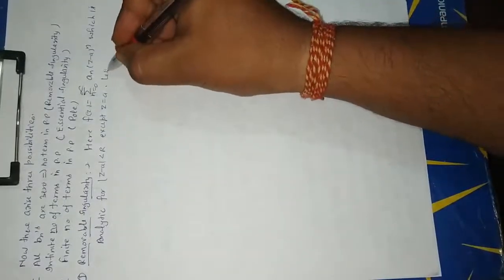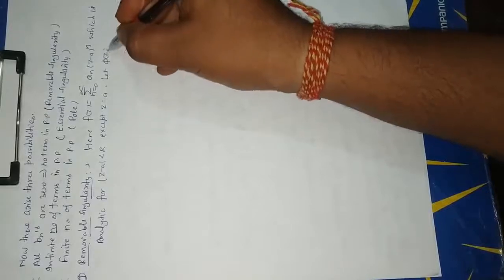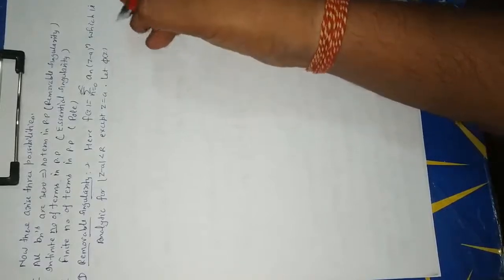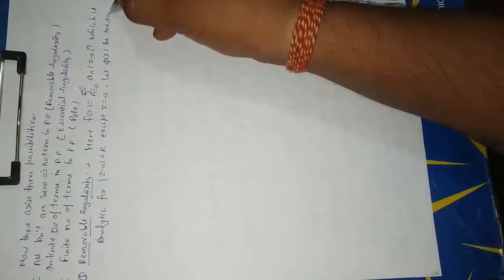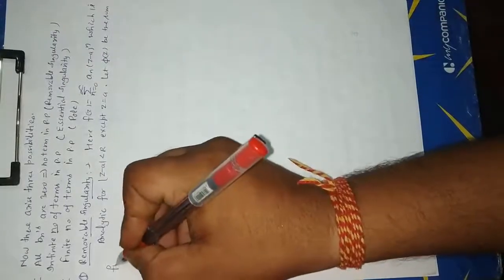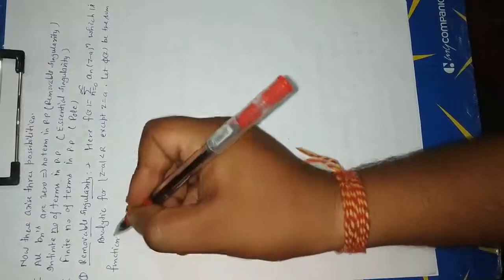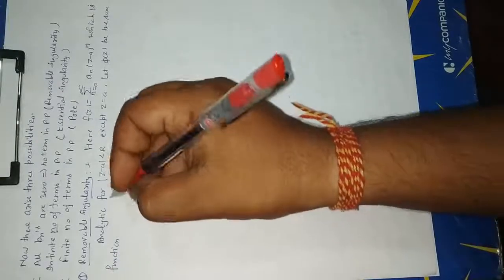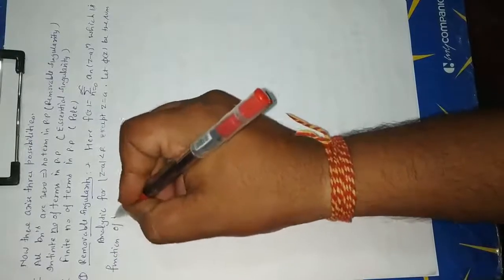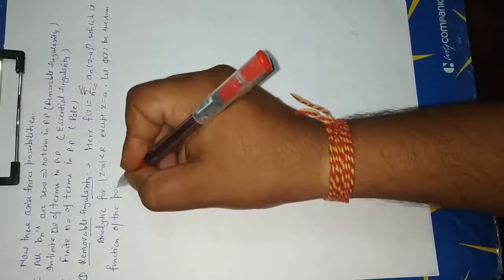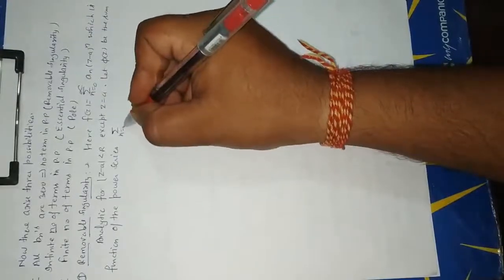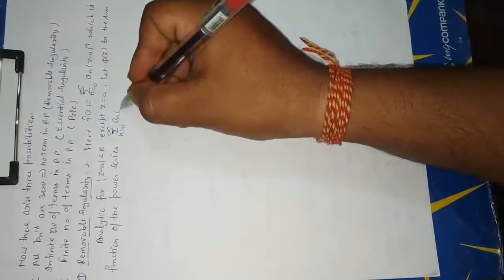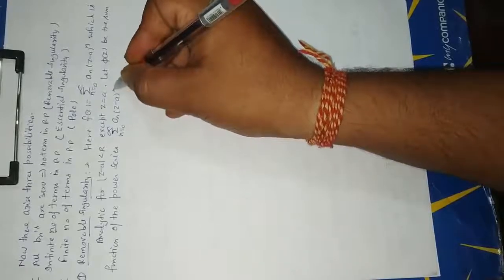Let phi(z) be the sum function of the power series summation n is equal to 0 to infinity an (z minus a) whole power n.